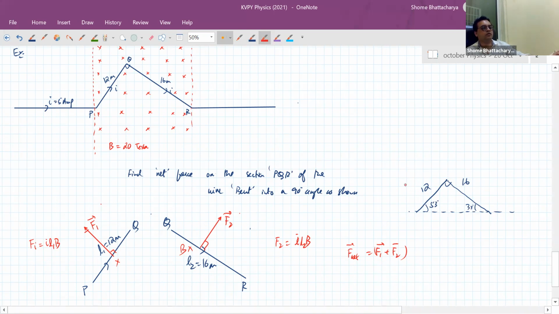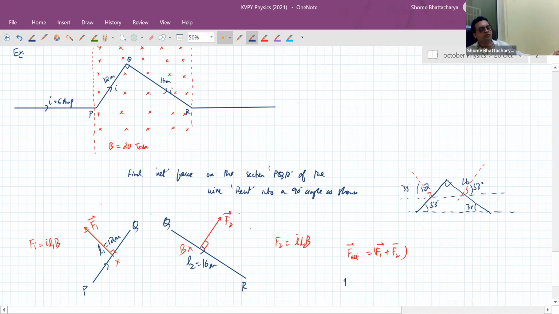So now this vector and this vector are such that this angle will now be 53 and this angle will now be 37.